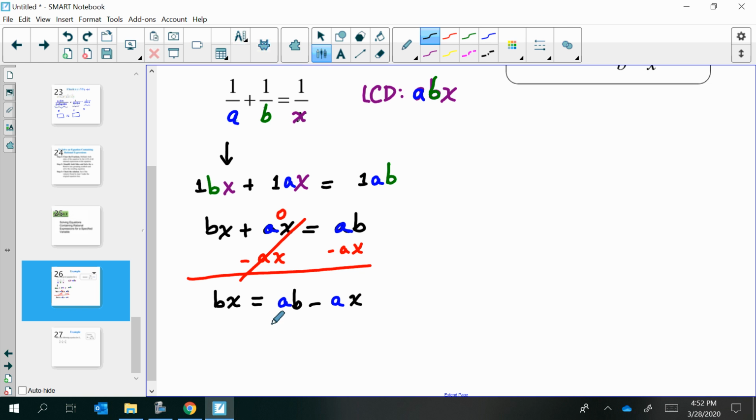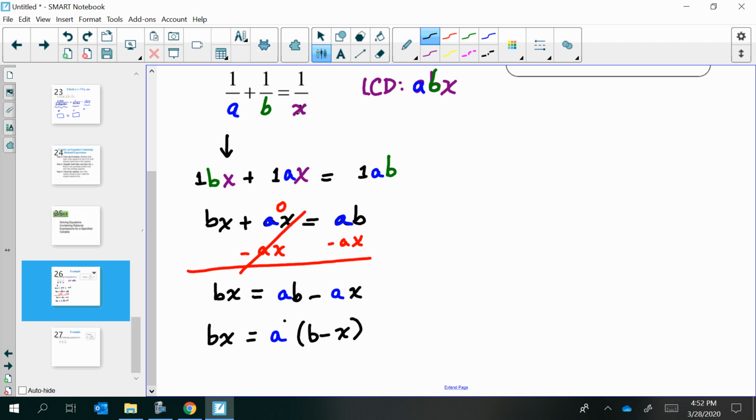Now that the A's are all together on one side and there's no A's left on the other side, I can factor out an A from these two terms. And now to get A by itself, all I have to do is invert the multiplication of the quantity b minus x.